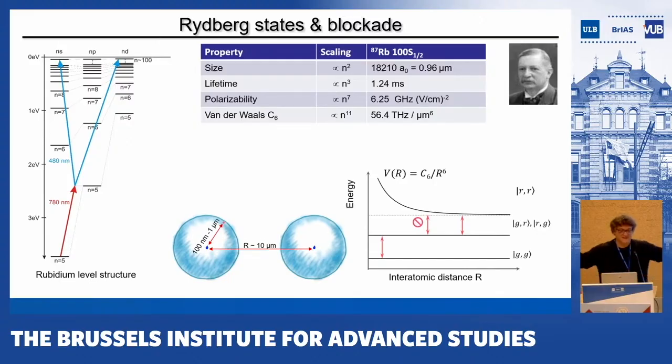So we kick this valence electron even further away from the core, and we are making single atoms of a size larger than the nanofibers you have seen. The electron wave function would cover this complete nanofiber and more, just because we excite the atoms to such high principal quantum numbers.